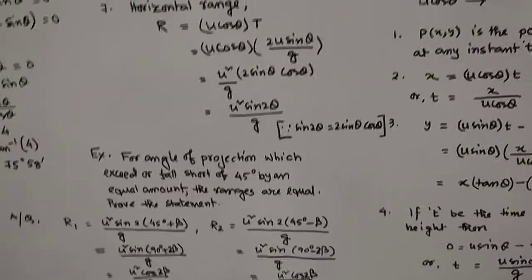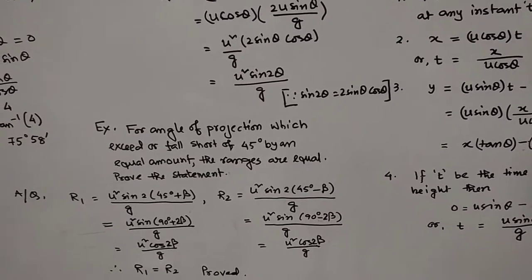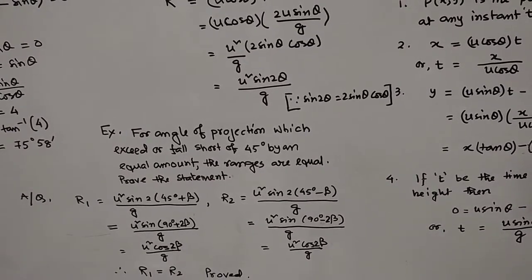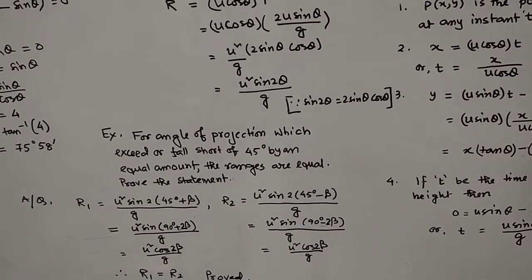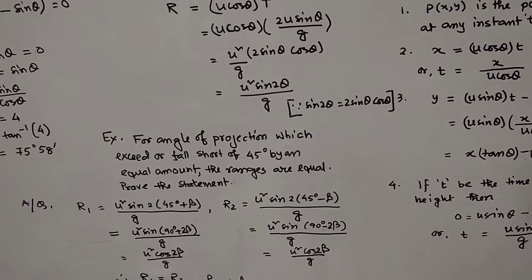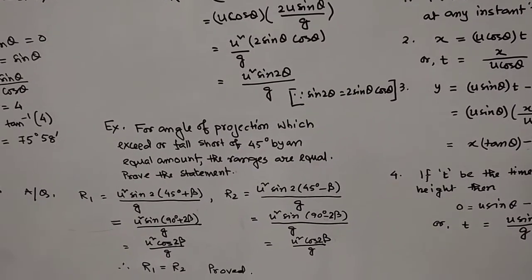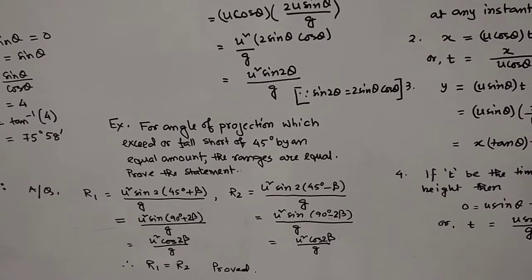So let me use the expression R equal to u square sin 2 theta by g. In place of theta we consider 45 degree plus beta, so u square sin of 90 degree plus 2 beta. Sin of 90 degree plus 2 beta, I think you have done in trigonometry, comes out to be cos 2 beta. So R1 equals u square cos 2 beta by g.